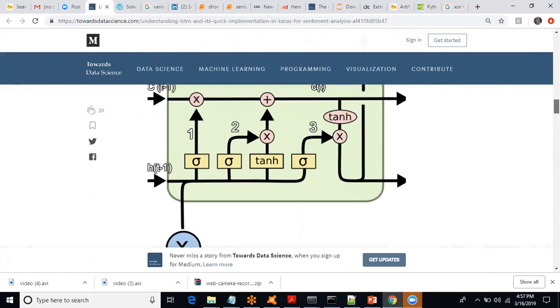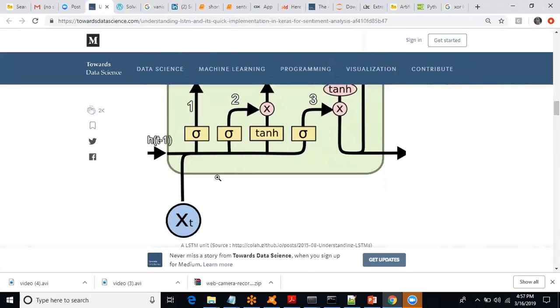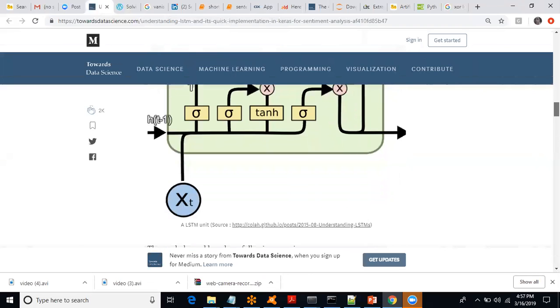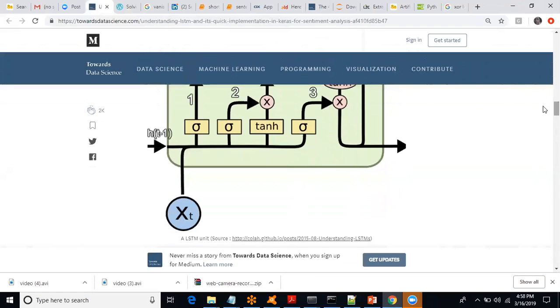Okay, so we are taking x t and h of t minus 1 as inputs. Yeah, h of t minus 1 is the previous output. Both are taken as inputs for the sigmoid function, to get which information should be passed from previous nodes to this one.